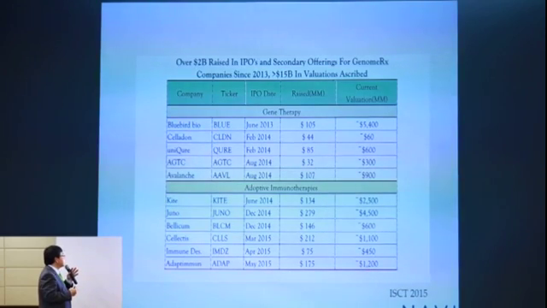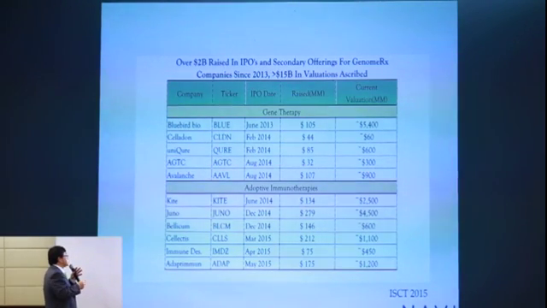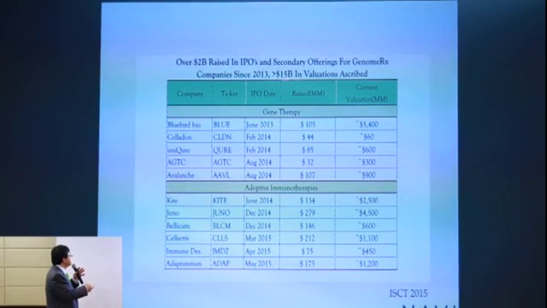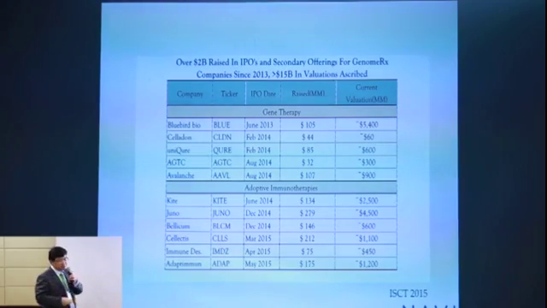So we can find that investors invest in biotech companies very aggressively, especially in gene therapy companies or cell therapy companies. The cell therapy companies raise more from the financial market than the gene therapy companies.